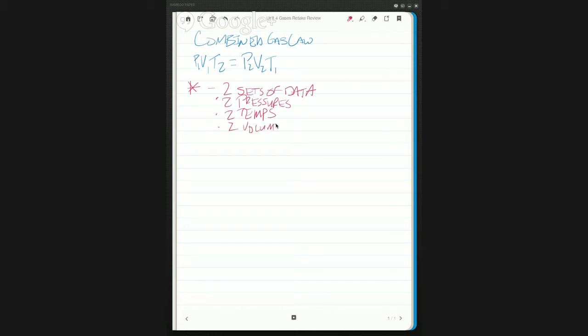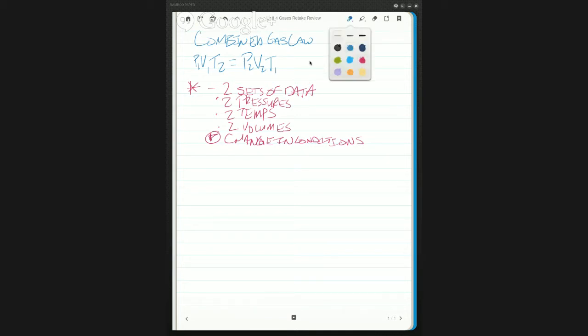And it's a change. That's one of the things when it says after or before, or there's a change in tense of the way the question is speaking. Hopefully you can read that. Change in conditions. That's when you know you're going to be using the combined gas law.